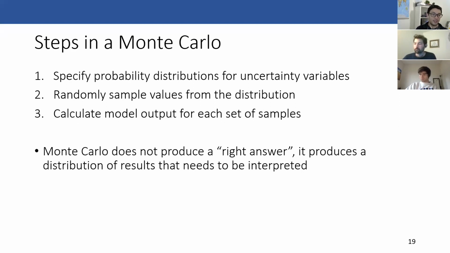Okay, and then the second step is, once I've built the distributions for all of my input values that I want to investigate, I then randomly sample values from that distribution. You then calculate the model output for each set of samples, and you iterate this again and again until you've built out a smooth output distribution that you then have a lot of confidence represents the possible avenue of outcomes based on what you know about the inputs.